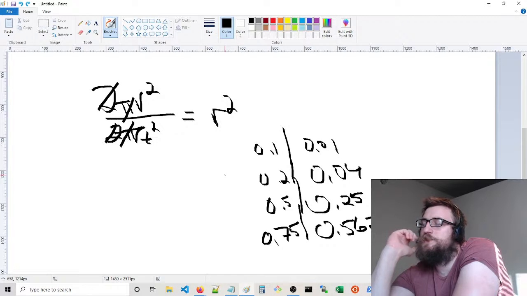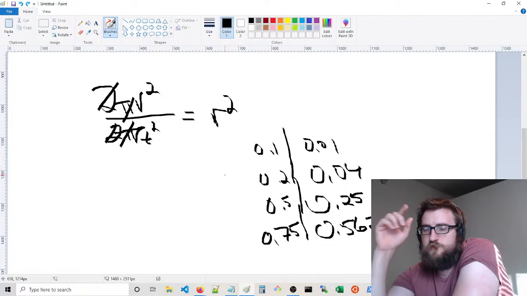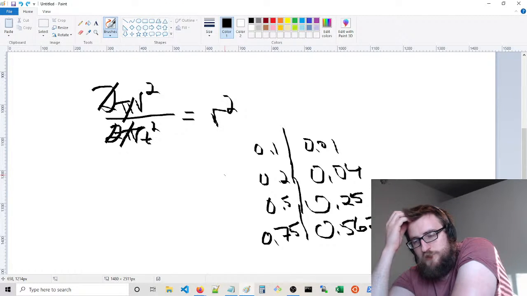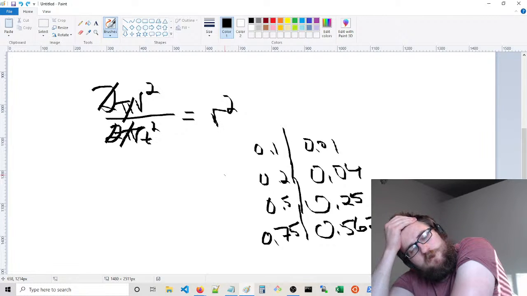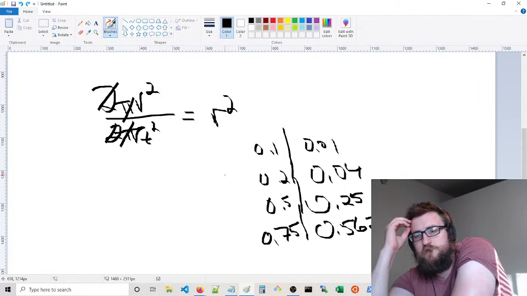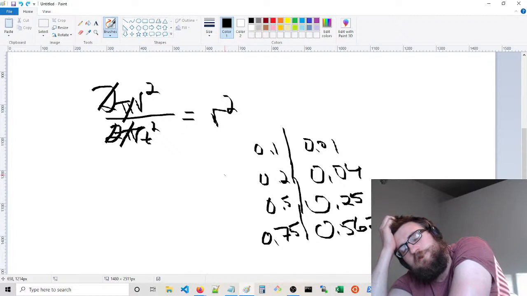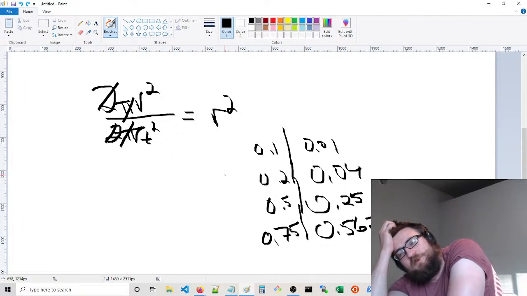It seems like it would actually be the other way around. You would take a quadratic number, like you'd square the random number from 0 to 1. You might think that, but it's actually square root, which is so strange to me.